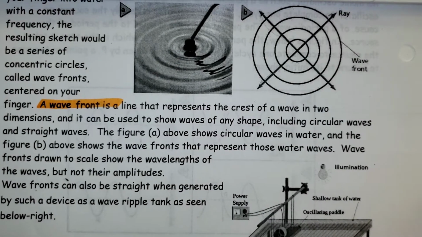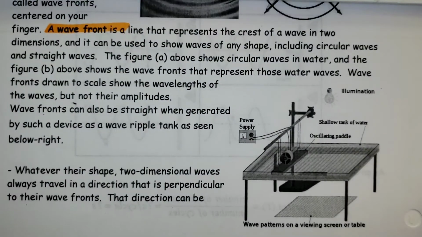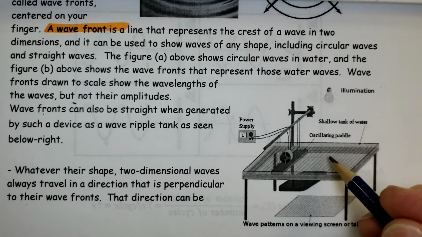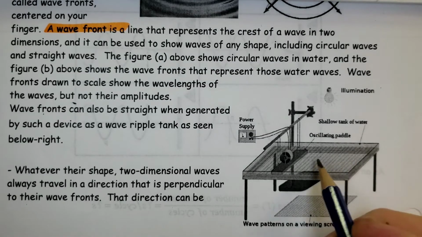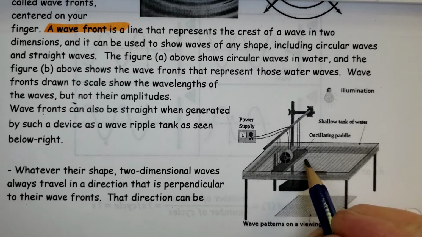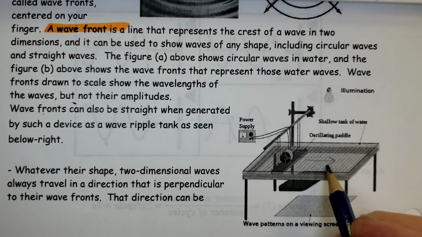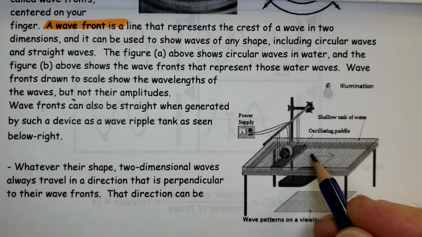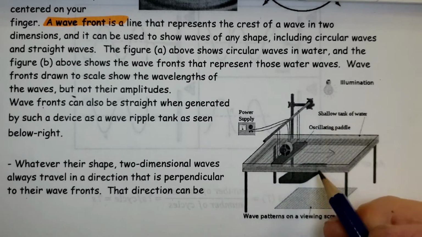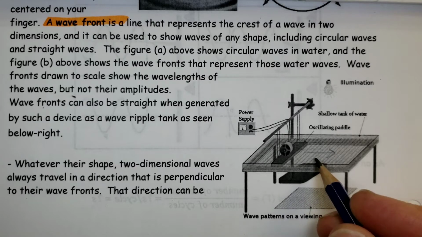If you look at this, for example, this is called a ripple tank, and all these lines here could represent wave crests. And you can see if this piece of wood is dipping in and out of that water, they would move out in that direction. So we could see the wavelength by measuring. If we had a light down here, we'd be able to see that pattern on the floor.